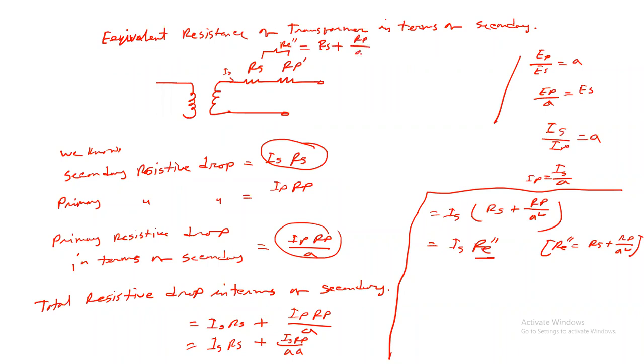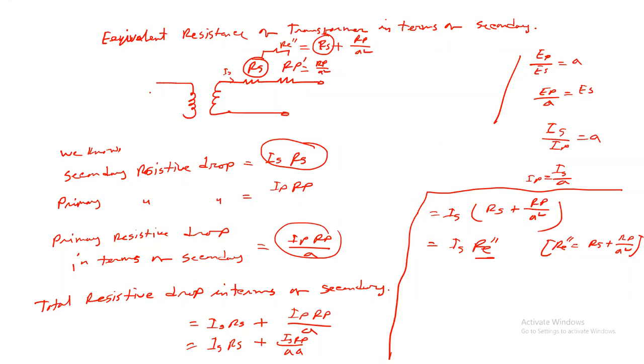Clear? So this RS is the same, and this RP single prime is equal to RP by A square. Clear?